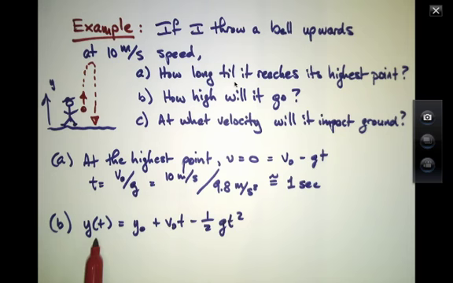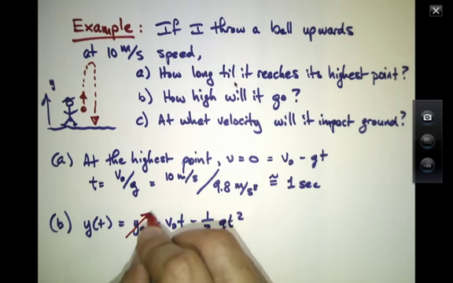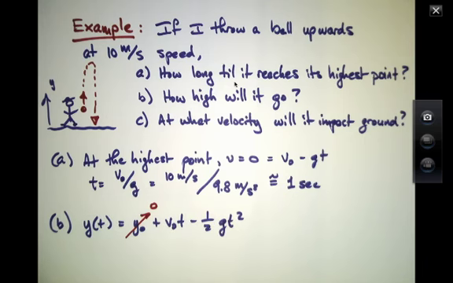Y at some later time t is what we would like to know. In fact, we'd like to know it at 1 second. But the initial y at time t equals 0, well, we don't know that. Well, actually we do. We are throwing it from here on the ground, so this is roughly 0. And that leaves us with y at that later time is v0 times t minus 1/2 g t squared.